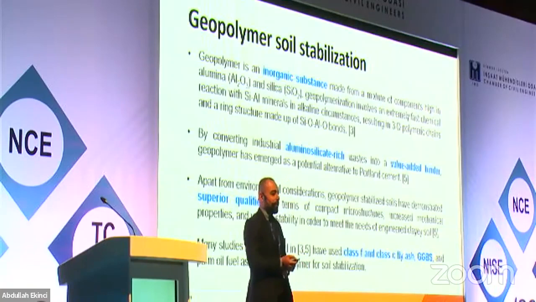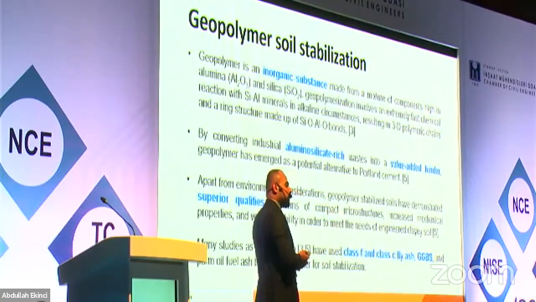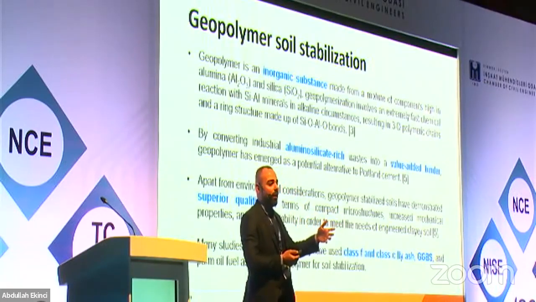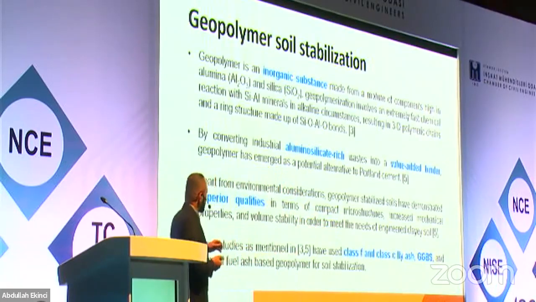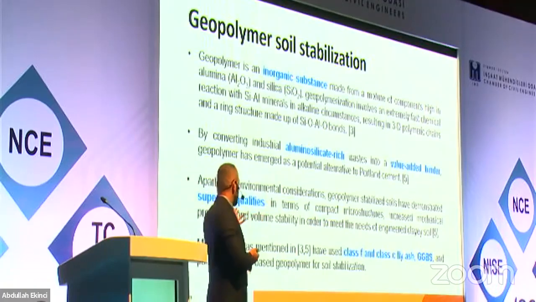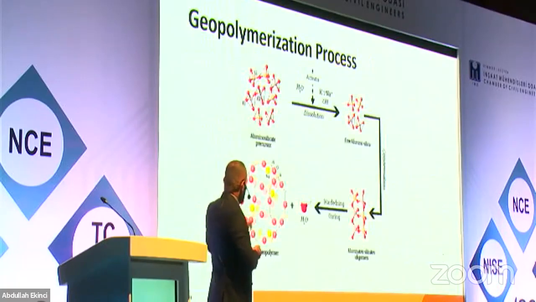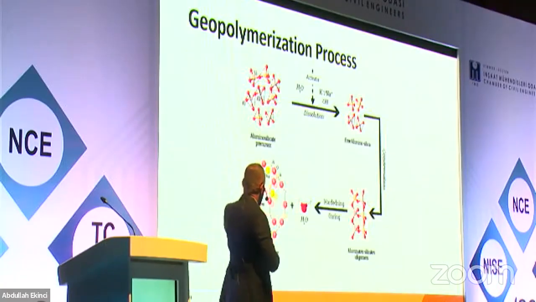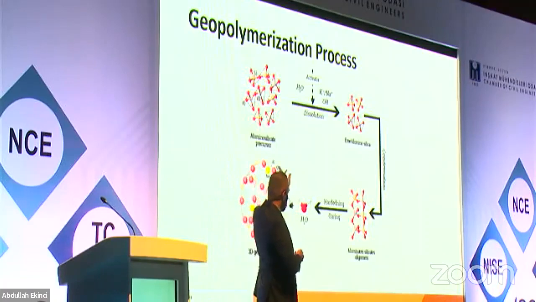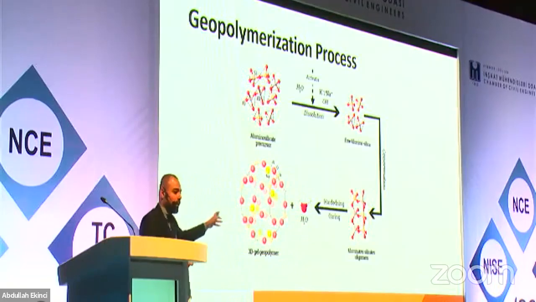In one of the publications by Dr. Arya, they mentioned that it's a process that happens with weathering and chemical reactions in nature. But it's still early to decide on the final product and see how it behaves in the soil. So this is a schematic representation of the process that we have. The alkali solution and condensation go into the hardening process, which is the 3D gel we have with the polymer.